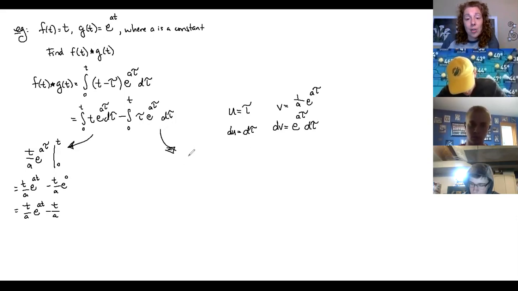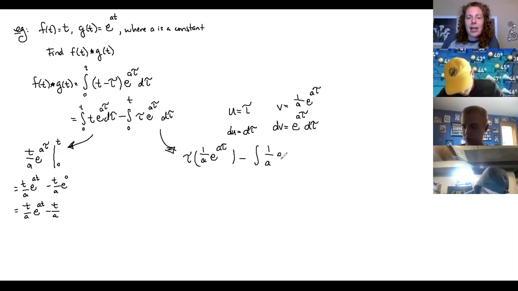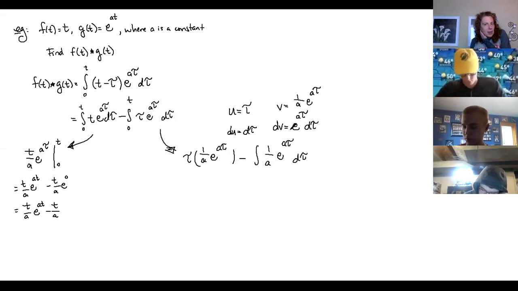Okay, so we have uv, so tau 1 over a e to the a tau minus the integral of v du, so minus 1 over a e to the a tau d tau. uv minus the integral of v du.